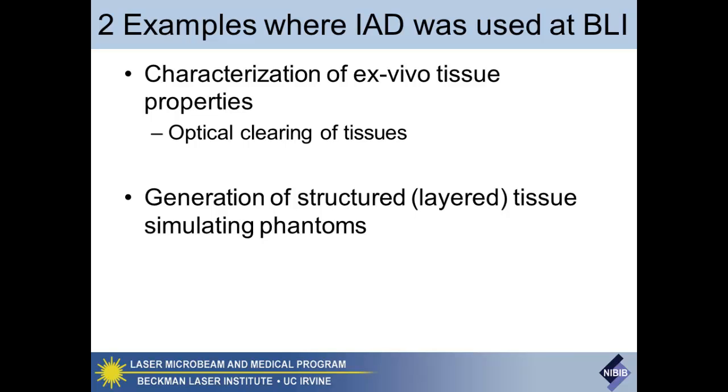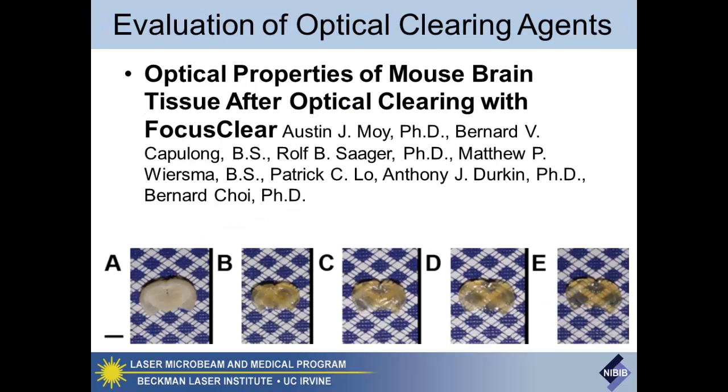And the second was generating structured tissue simulating phantoms, where we could have layered phantoms with distinct optical properties and use that to evaluate the accuracies of our reflectance-based devices. So no longer reflectance and transmittance, but how well can we discriminate distinct layers of optical properties with just reflectance-based measurements.